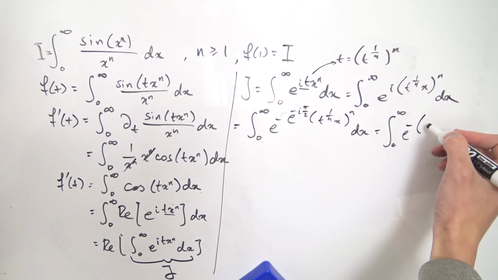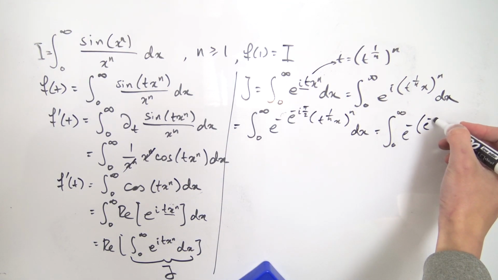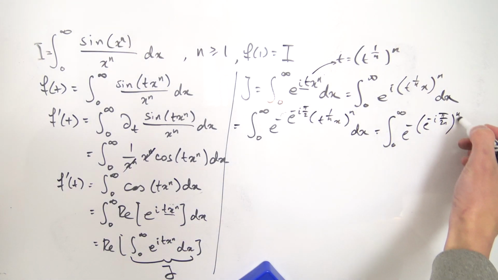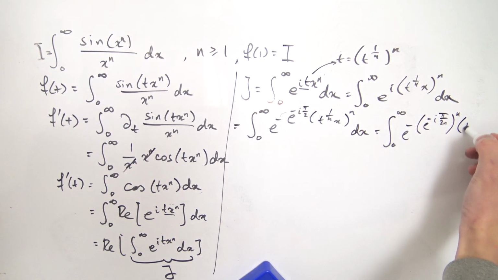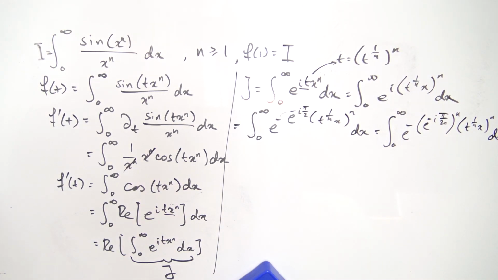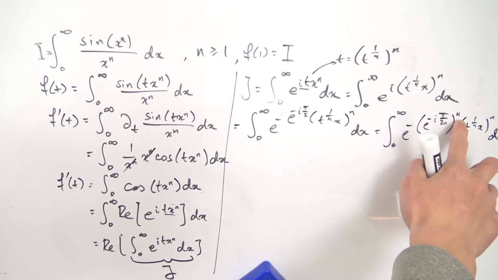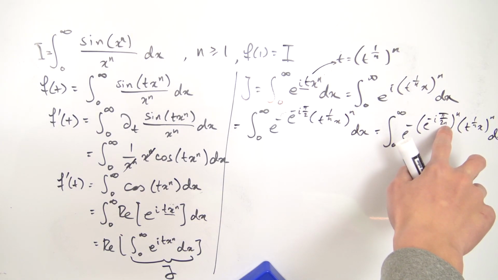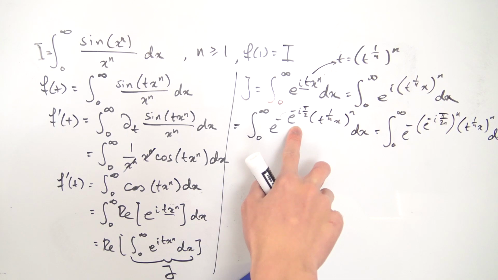That's going to turn into e to the minus i pi over 2n raised to the nth power, and then we have t to the 1 over n times x to the n dx. And notice that's basically what we have over here, because if you multiply this exponent n into here, it's going to cancel out with this n on the denominator, which is what we have over here.